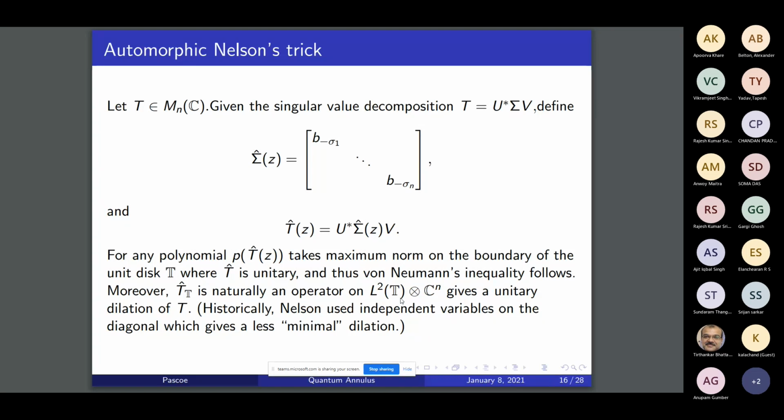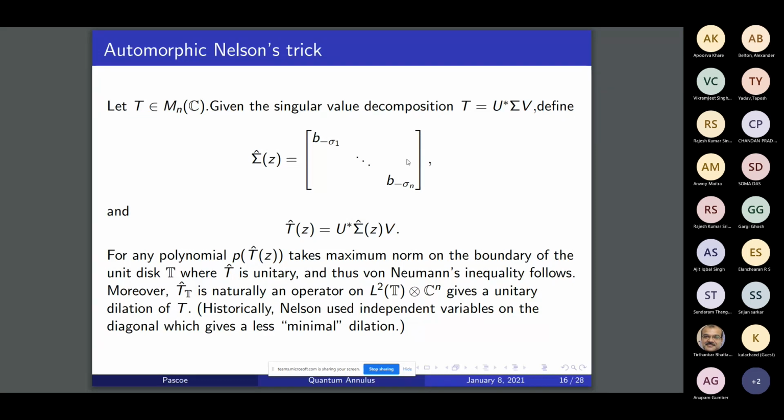Okay, so the thing that I will mention here is that historically, instead of putting these b sigma i's on the diagonal, basically Nelson put lambda 1, lambda 2, dot dot dot, up to lambda n, which then also works to give a similar proof. The thing that's nice about this dilation is that this one turns out to be minimal for matrices.